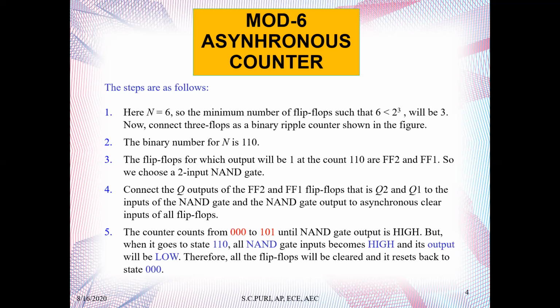The counter counts from 000 to 101 while the NAND gate output is high. But when it goes to state 110, all NAND gate inputs become high and its output will be low. Therefore, all the flip-flops will be cleared and reset back to state 0, which is our objective, that at that particular count the flip-flops should be 000.